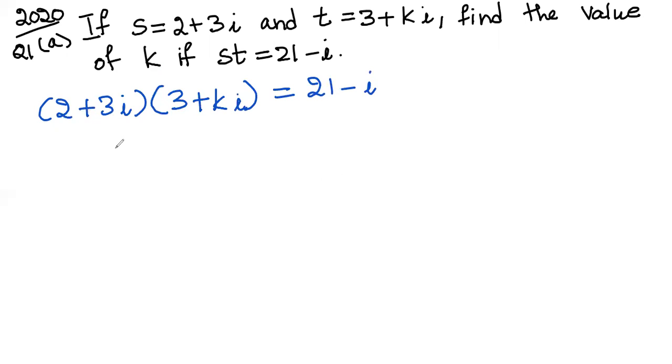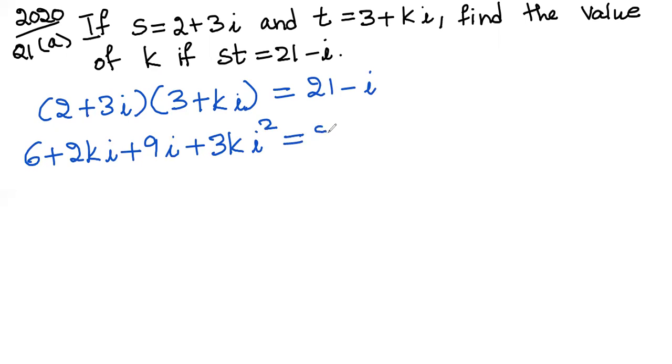So let's expand this. 2 times 3 is 6 plus 2 times ki is 2ki plus 3i times 3 is 9i plus 3i times ki is 3k i squared equal to 21 minus i.